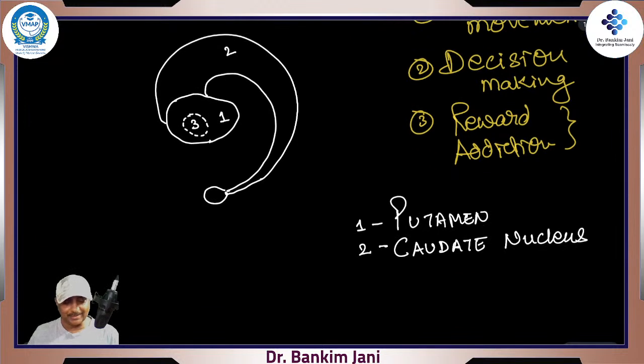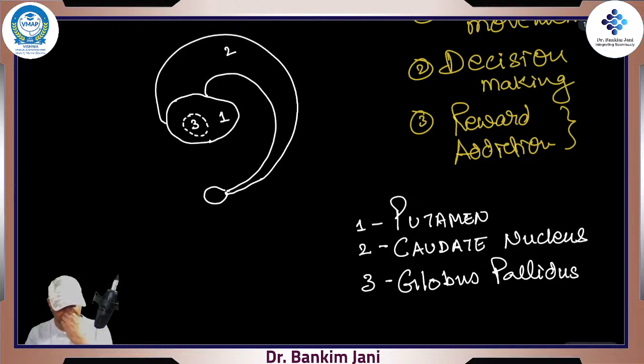This 3 which we marked, that is called globus pallidus. When we discuss basal ganglia, all these things will be discussed in more detail. But here, it will give you just a rough idea of how they look, right?